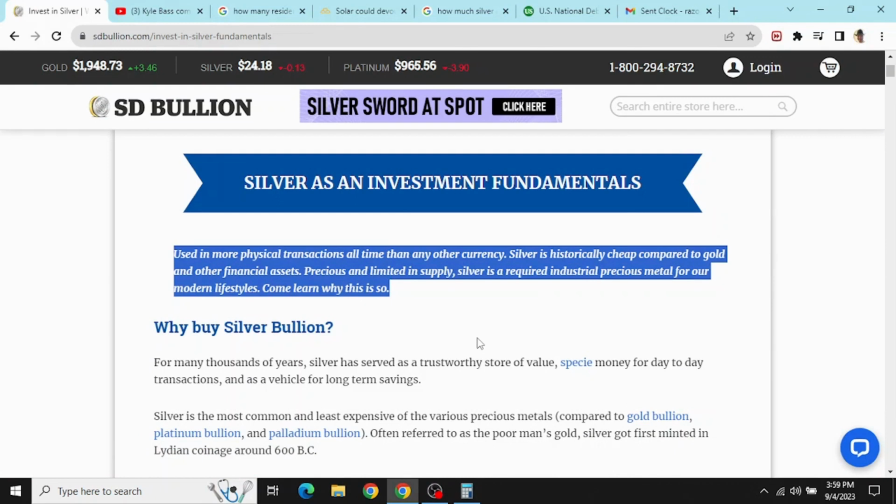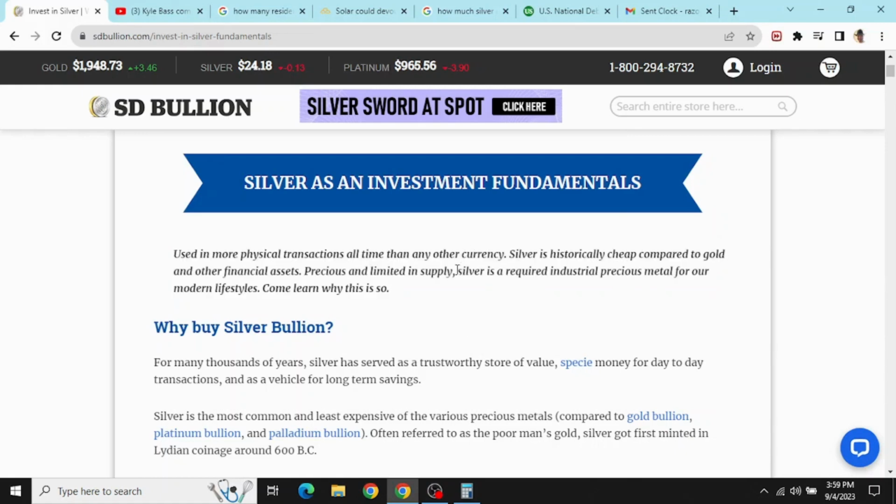Silver is used in more physical transactions of all time than any other currency. Silver is historically cheaper compared to gold and other financial assets. Precious and limited in supply, silver is a required industrial precious metal for our modern lifestyles.